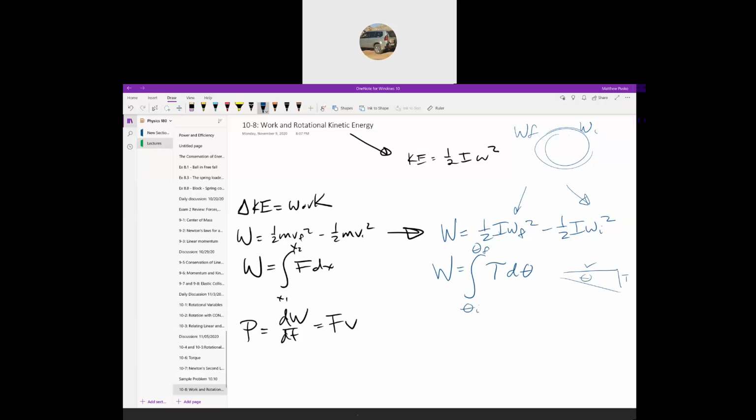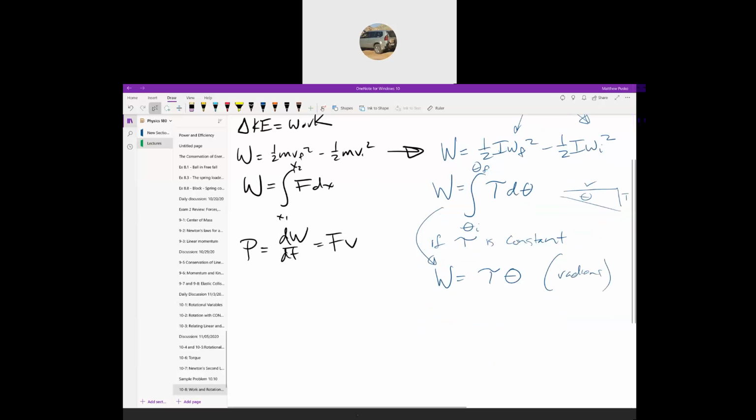And if the torque is constant, we can reduce this to the work being equal to the torque times the angular displacement, and this has to be in radians. All this stuff that has to do with rotations has to be in radians.